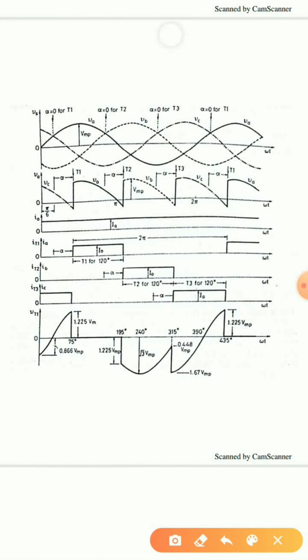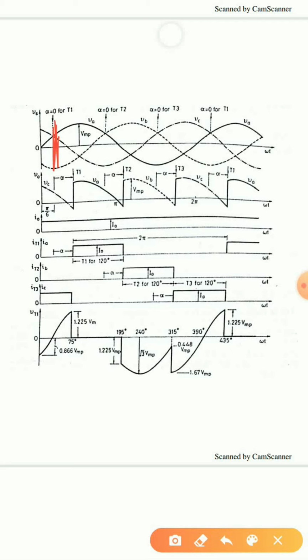As we already know, if alpha is 0, this is my source voltage, and for every firing pulse plus 30 degree has to be added. So it is clearly understood that if alpha is 0, from here only I'll start getting the waveform.